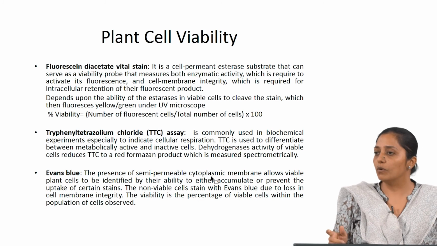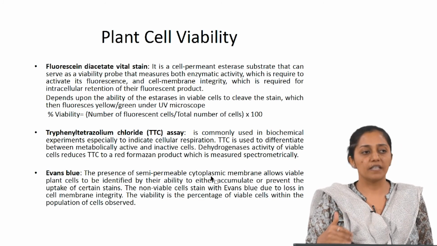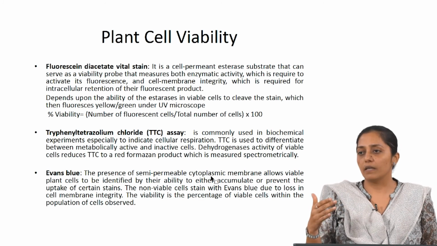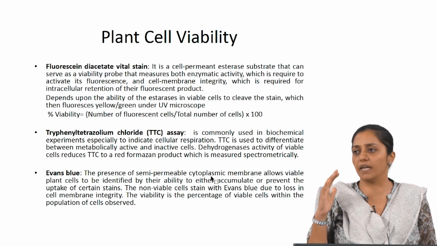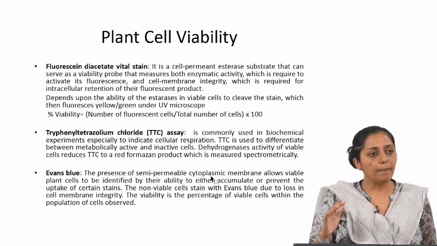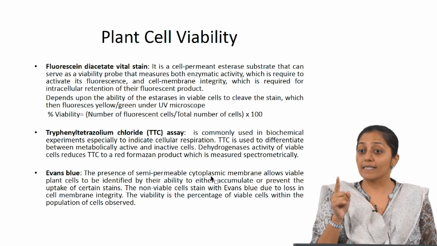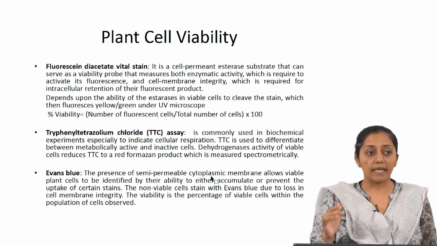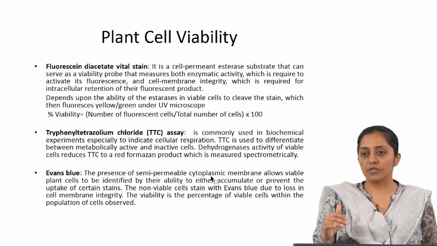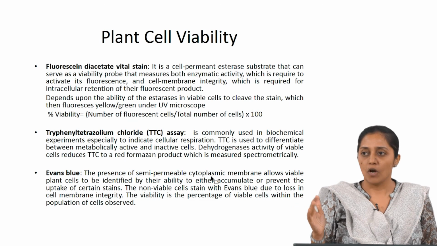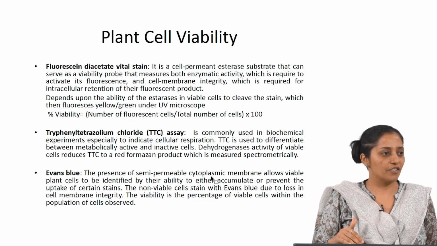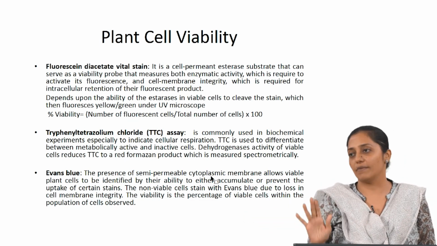Now, Evans blue, and any such stains, depend on whether the cell is alive and the membrane integrity is in place. If the membrane integrity is in place, it is selectively permeable. Now, given selective permeability, you can use either not taking up a particular stain as a viable marker, or taking up a particular stain and not letting it go as a viable marker.